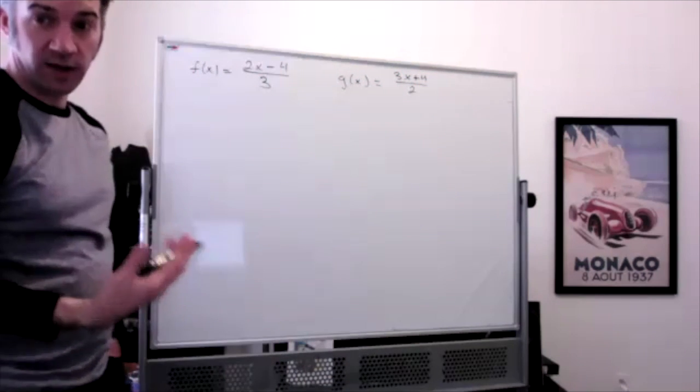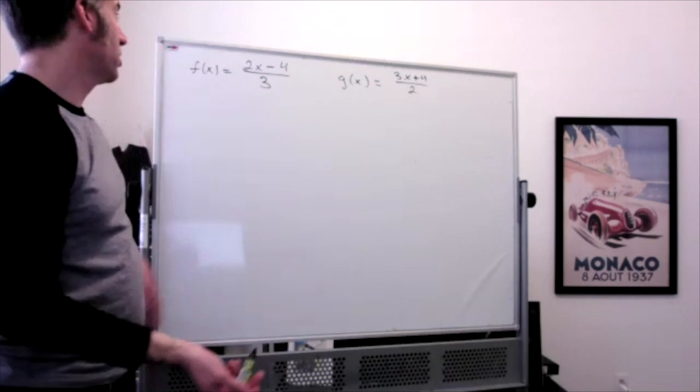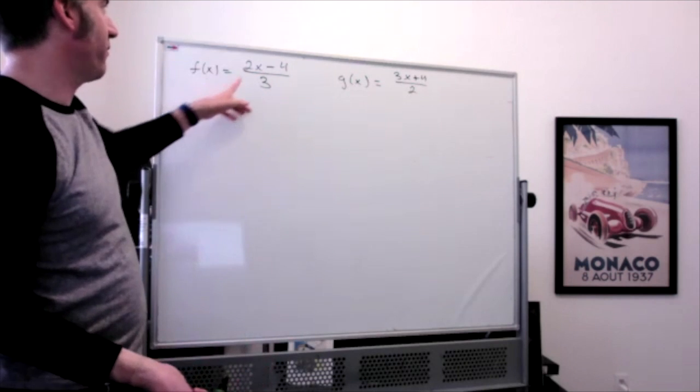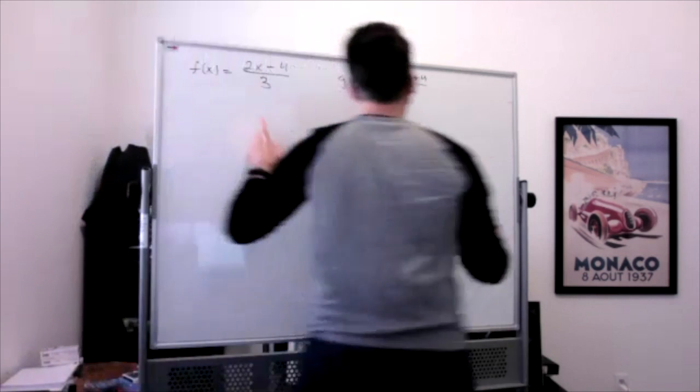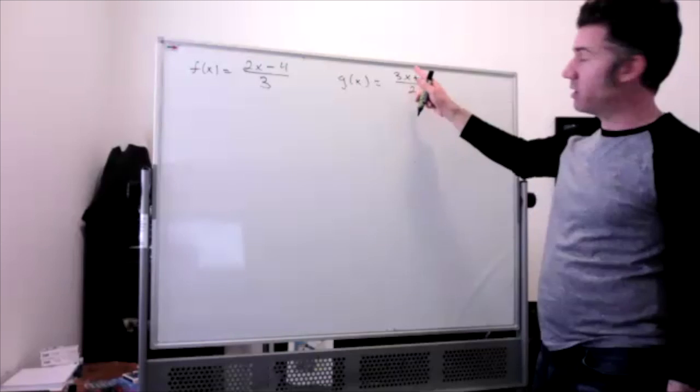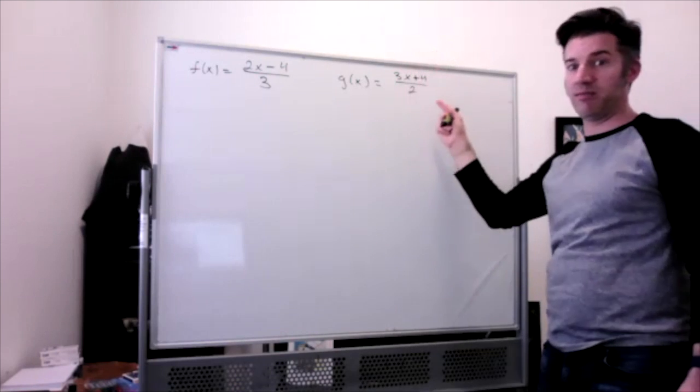These are definitely inverse functions. You can either talk it out and say, oh yeah, f first multiplies by 2, then subtracts 4, then divides by 3, and g totally undoes it. The first multiplies back by 3, then adds back the 4, then divides by 2.